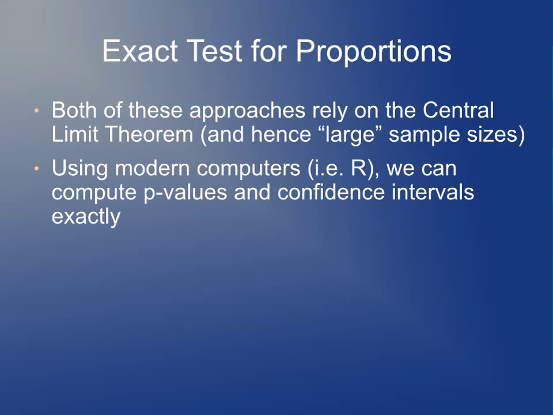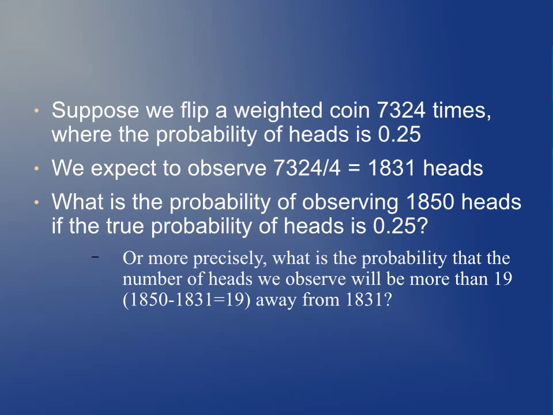In R, we don't necessarily need to use these approximations. So for example, say that we flipped a weighted coin 7,324 times where the probability of heads is 0.25. We would expect to observe 1,831 heads.